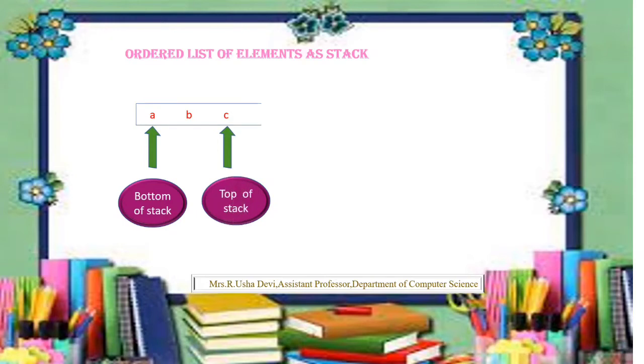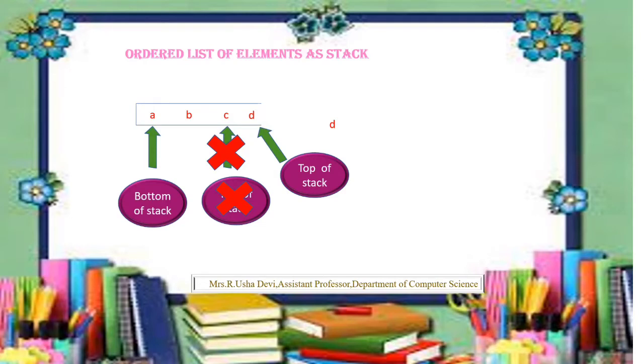If you want to insert a fourth element D, you can add D to the stack, and D is called the top of the stack, and C is no longer the top of the stack. So this is how a stack is ordered.